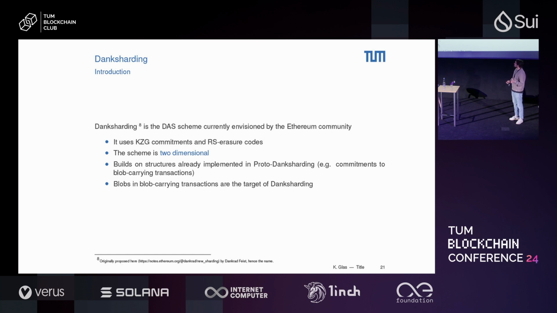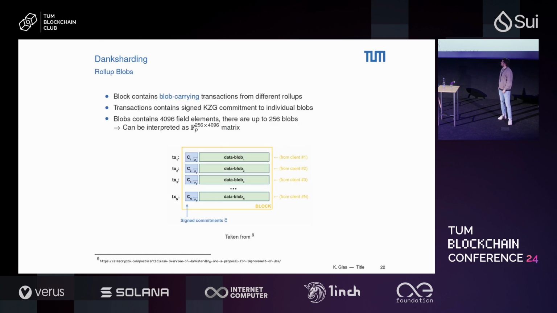Danksharding follows the very same ideas. The only difference is that it's a two-dimensional scheme. And it builds on things already implemented as part of proto-Danksharding, for instance, the blob carrying data and the commitments to the data. Now, how does this look? What we have here are the blobs of the blob carrying data.